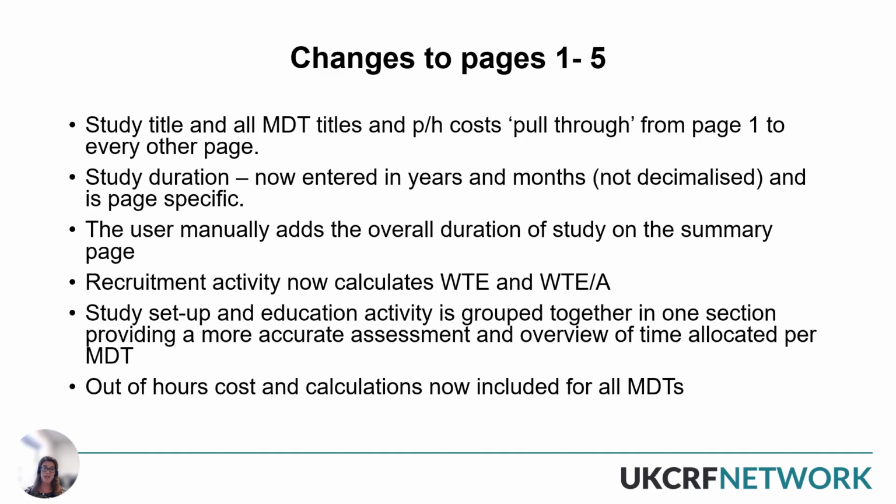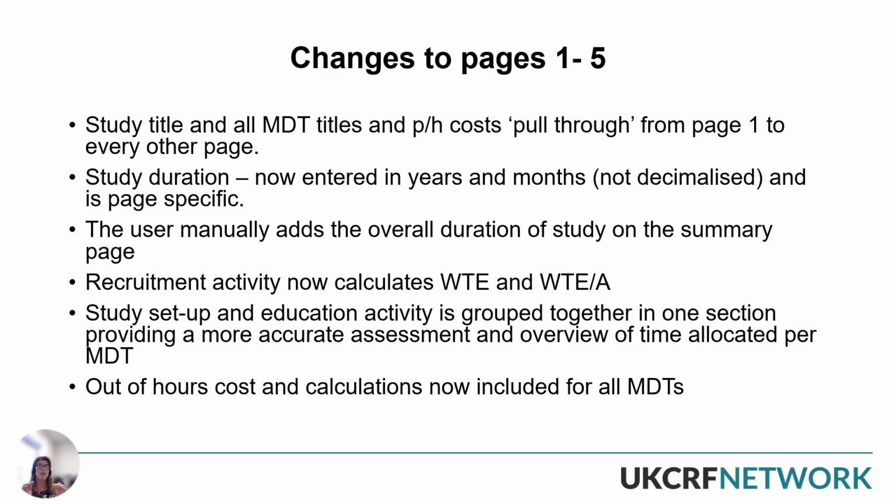The recruitment activity will now calculate for you the whole time equivalent and the whole time equivalent per annum for that particular activity. And what we've done is group together the education, the study setup and additional activities on pages 1 to 5 in one section.